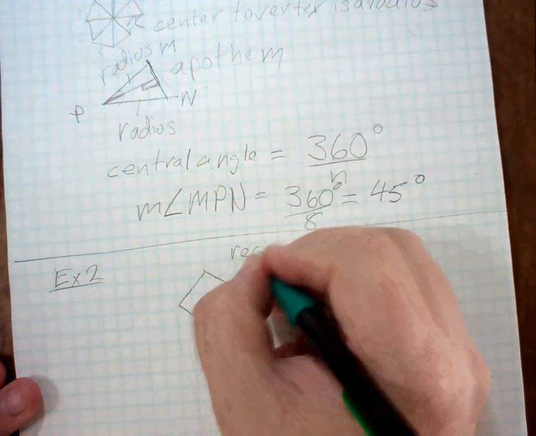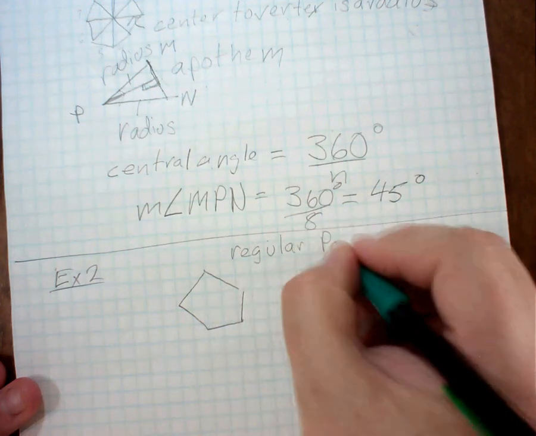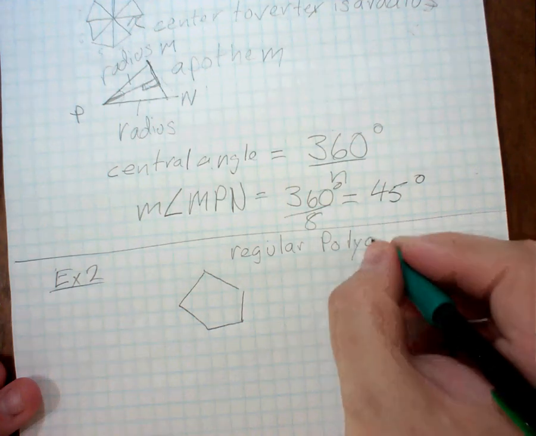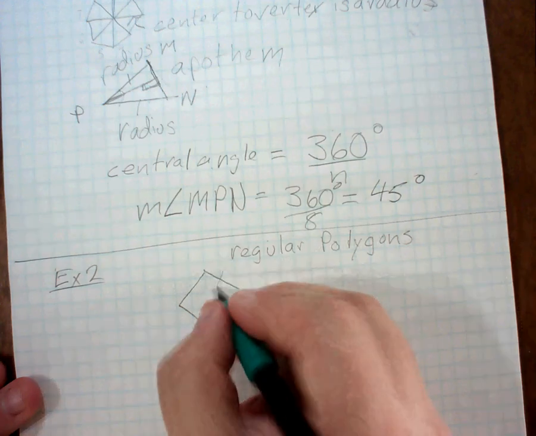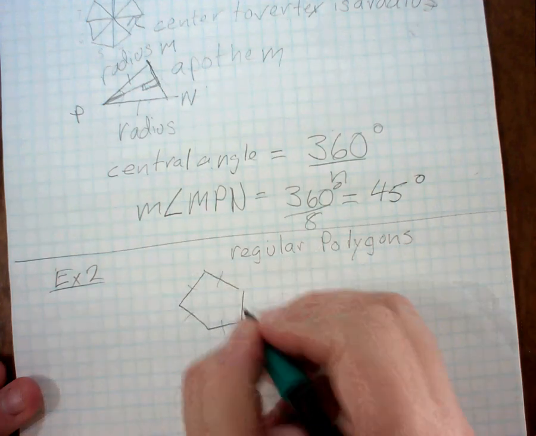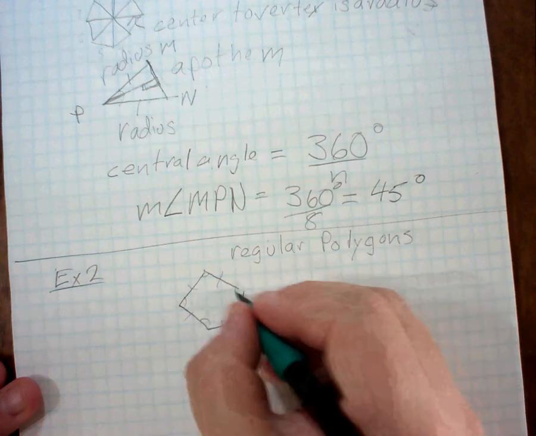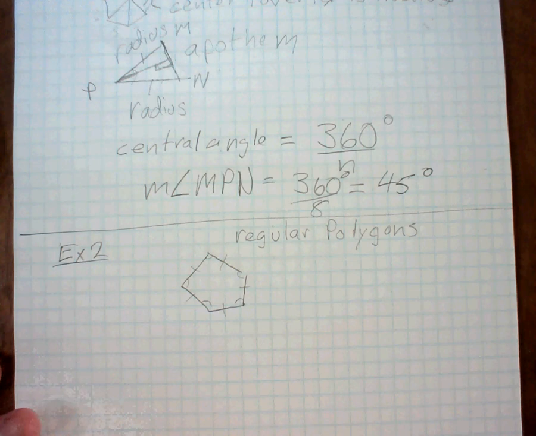I probably should say that. So this is a regular polygon. Regular polygon means that it fits inside of a circle and that all of the central angles are congruent, therefore all the vertices are congruent and all the side lengths are congruent. So this is congruent, this is congruent, this is congruent, this is congruent, this is congruent. Okay, those are regular polygons. So all these problems are regular polygons.